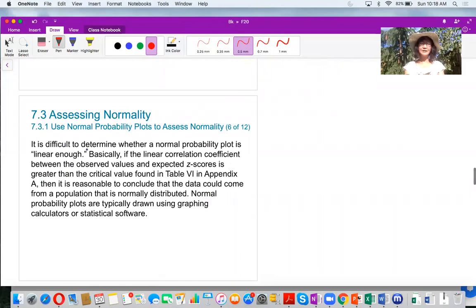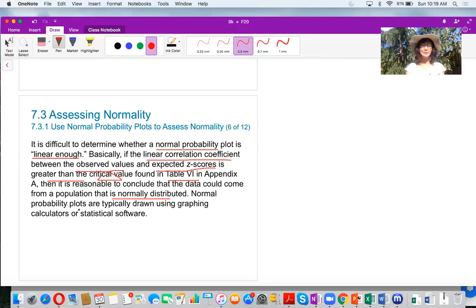It is difficult to determine whether a normal probability plot is linear enough. Basically, if the linear correlation coefficient between the observed value and the expected Z value is greater than the critical value found in the table, okay, I'll show you, we did this table before when we did the linear correlation coefficient, then it is reasonable to conclude that the data could come from a population that is normally distributed.